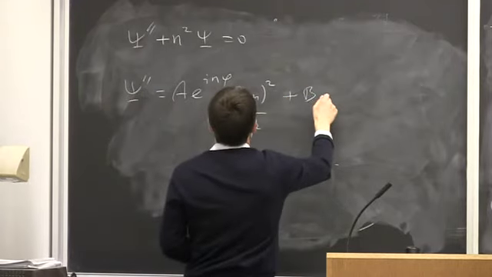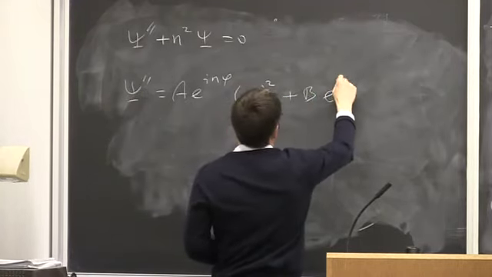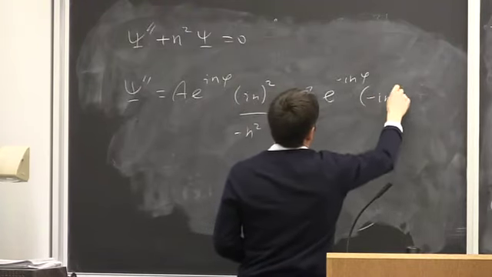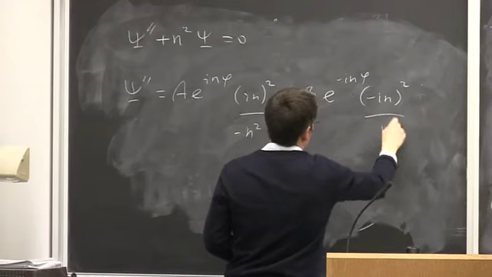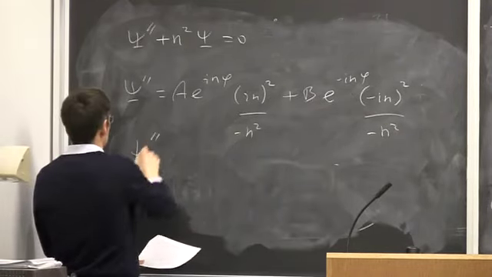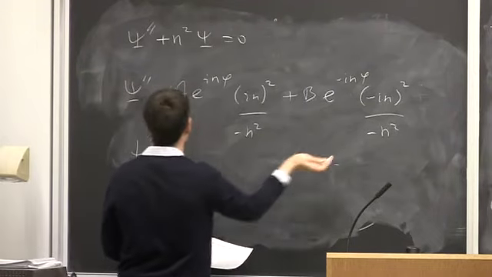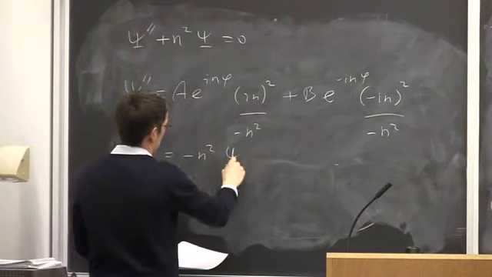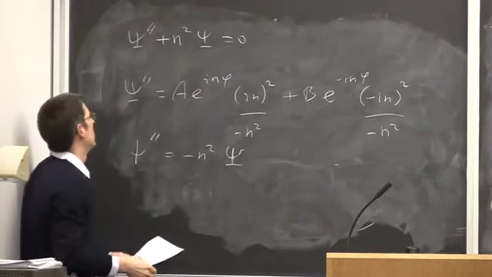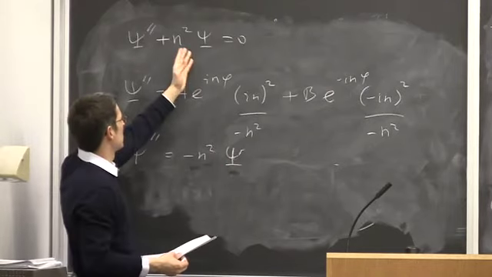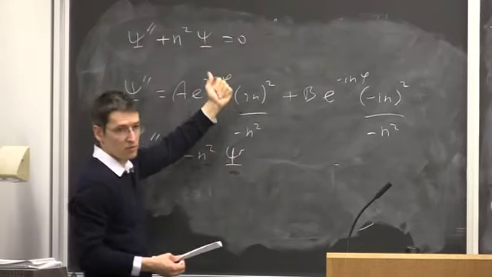Plus b exponent of minus i n phi, minus i n squared, which is also going to be minus n squared, right? So then minus n squared from here and from here can be taken out, and the rest is just the function again, right? So second derivative will be minus n squared psi, and when you add it with n squared psi, you get 0, right?